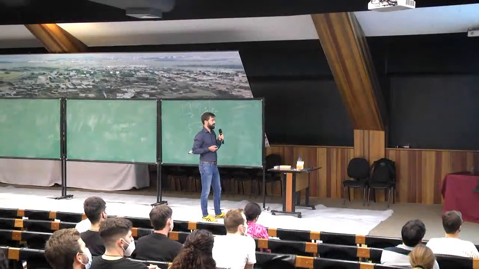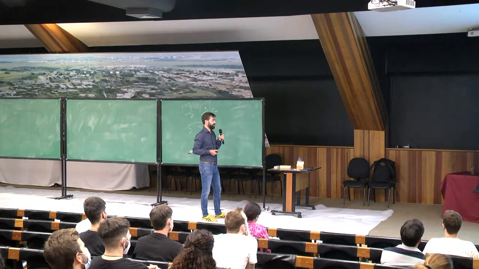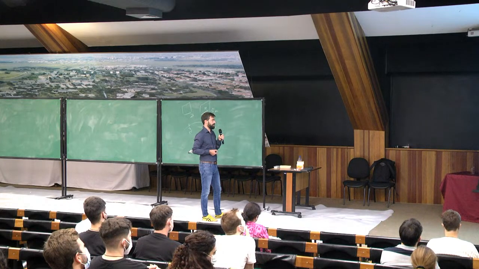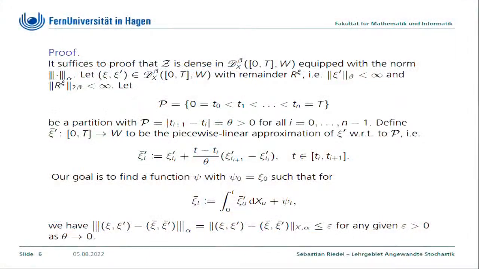Then you have to prove that this is really an approximation, in the sense that if you take the difference between them both in the alpha Hölder norm, it goes to 0, provided the mesh size gets small. This is what we want to do.